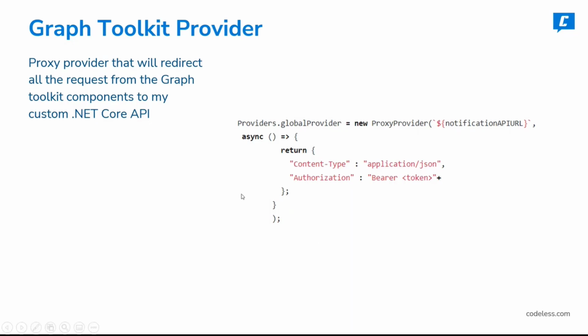The reason I'm using the proxy provider is that it gives you more control where there are certain restrictions or threshold limits imposed on the Microsoft Graph calls. If all the traffic is routed to my custom API, I can control the requests and serve them with different kinds of caching mechanisms that can be implemented in my .NET Core API.